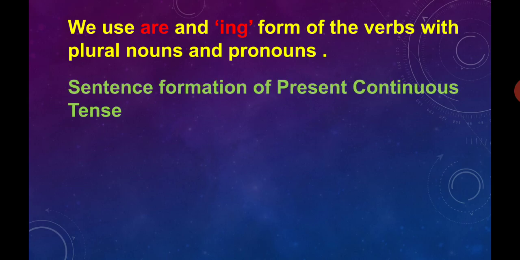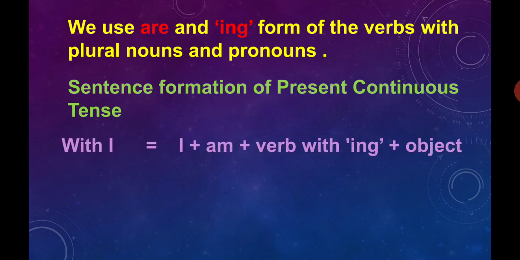Let's see the sentence formation of present continuous tense. With I, if there is I in the sentence, what will be the sentence formation? Let's see. I plus am plus verb with ing and then object.